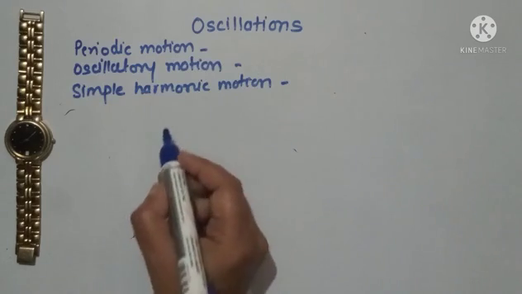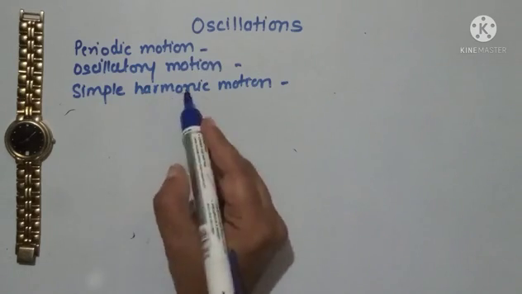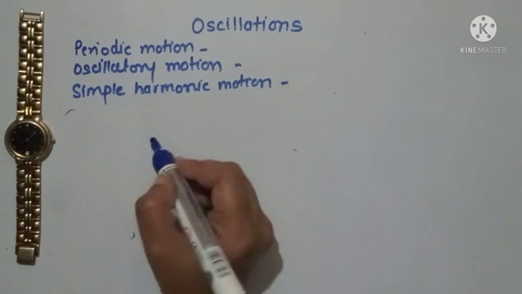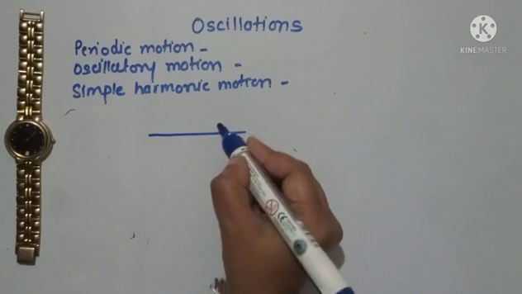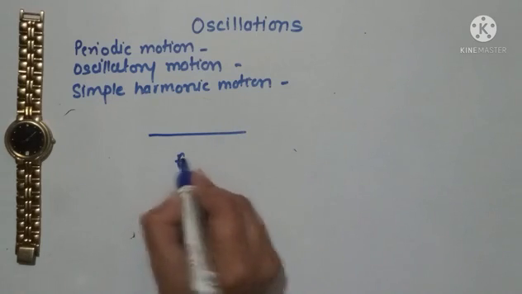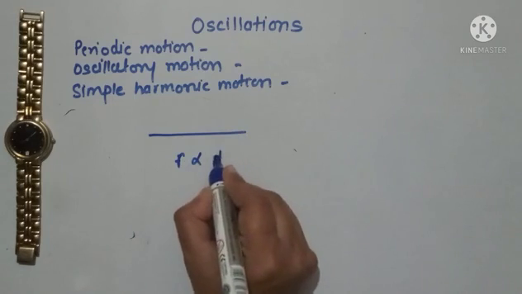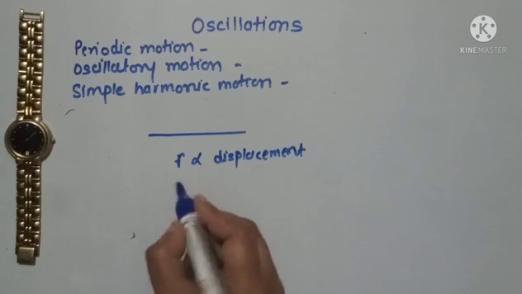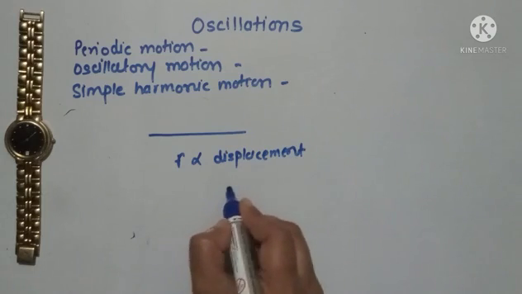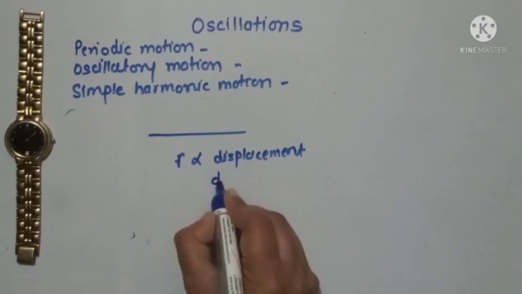The simple harmonic motion is the simplest form of oscillatory motion, in which the particle moves in a straight line, and in which the force is directly proportional to the displacement and is always directed towards the mean position.